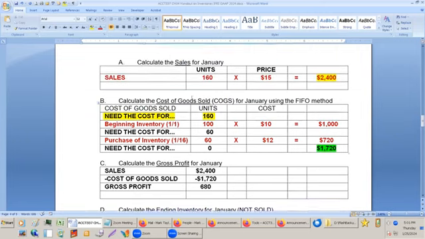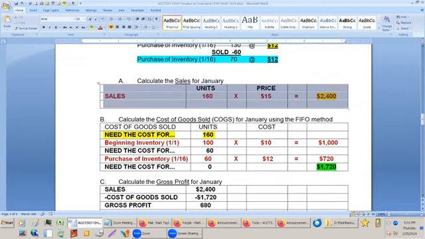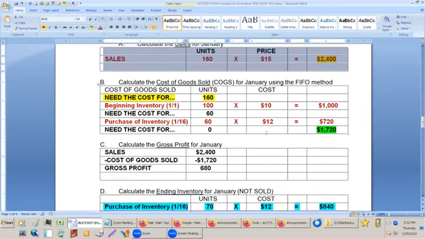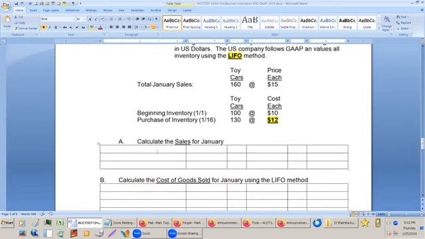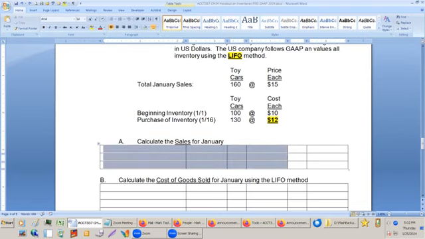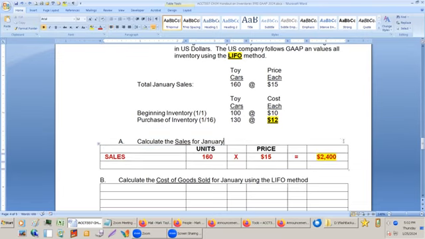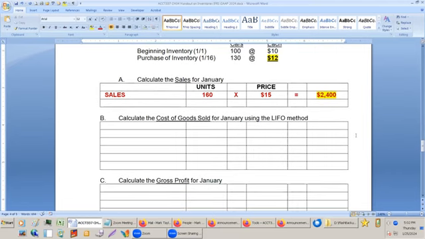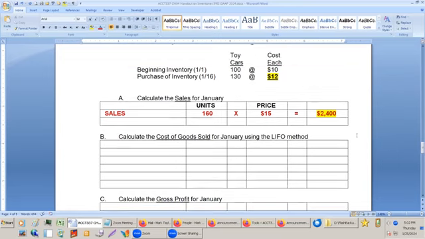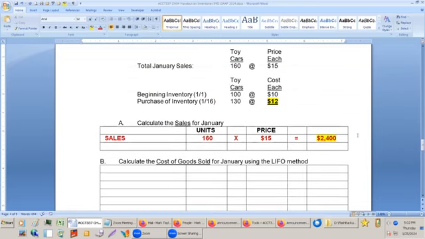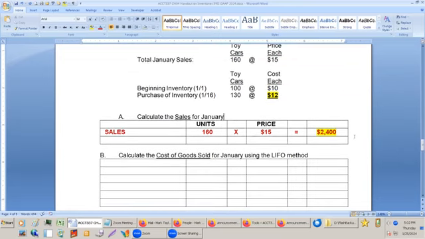Okay, I'm going to show you guys how to be lazy like me. Sales are sales. It can be exactly the same. I'm going to copy that. Sales are sales. Now comes the cost of goods sold.